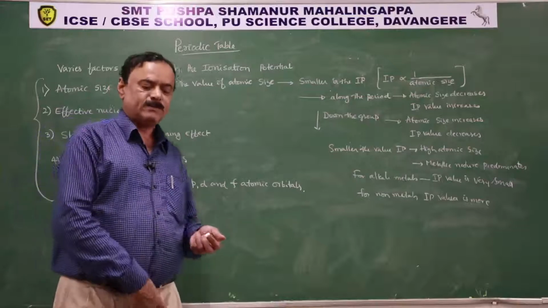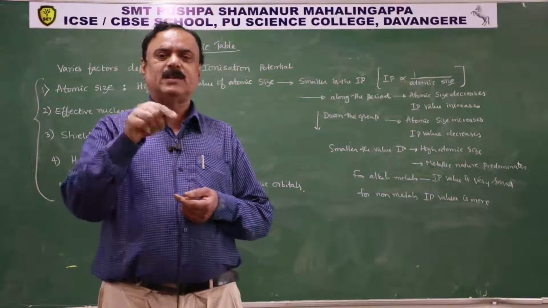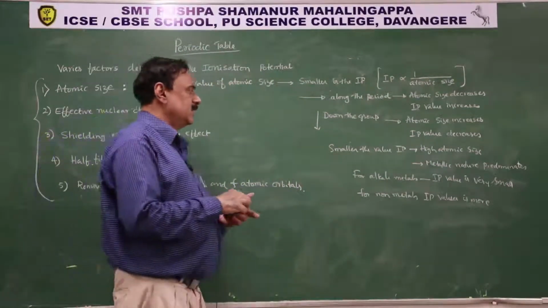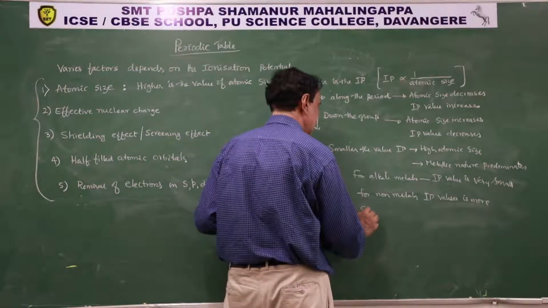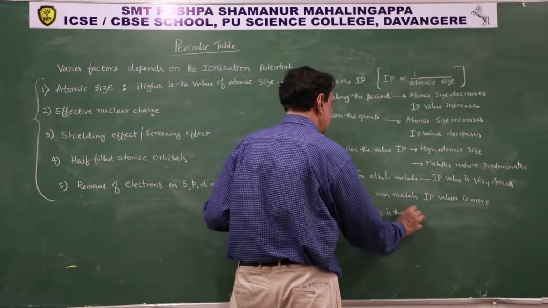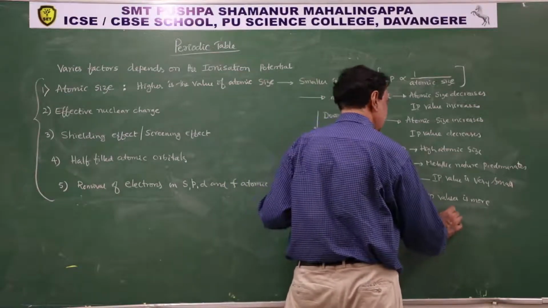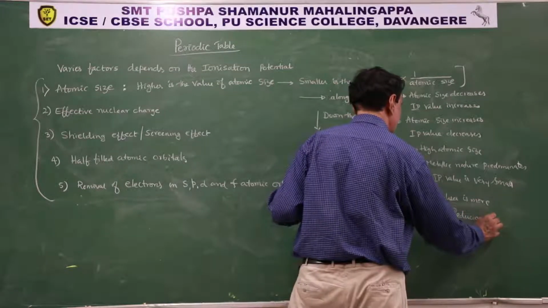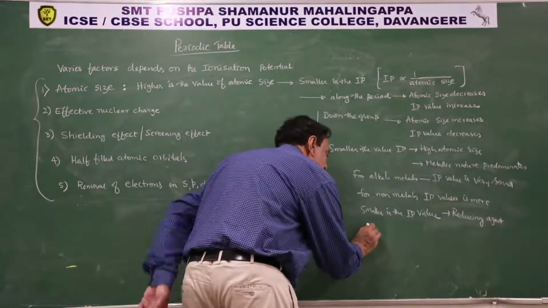Therefore, whenever the IP value is small, they are good reducing agents. Whenever the IP value is large, they are good oxidizing agents. Smaller is the IP value, reducing agent.